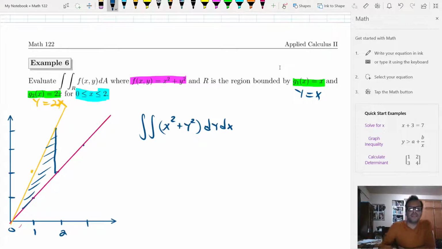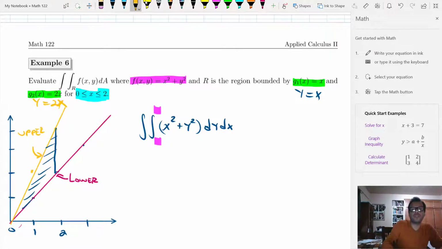The first limits are the ones where I have empty spaces. Here I'm going in the vertical direction. This is the lower graph, and this yellow one is the upper, so we integrate from lower to upper.